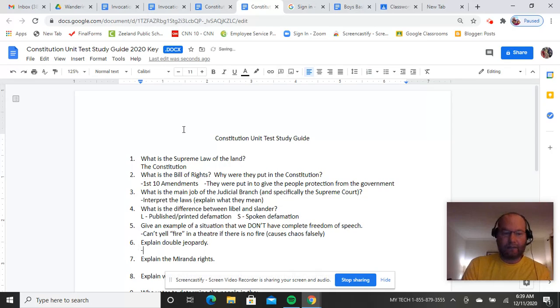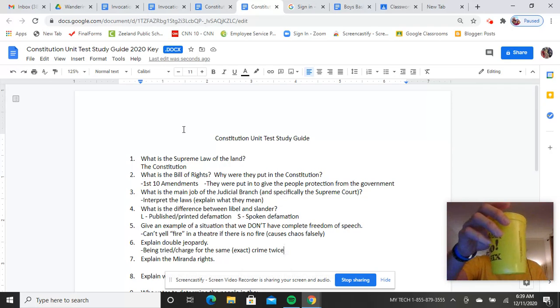And double jeopardy. You can't be tried, or even charged, for the same exact crime twice. You can't be charged with the exact same theft twice. So, like this yellow cup.